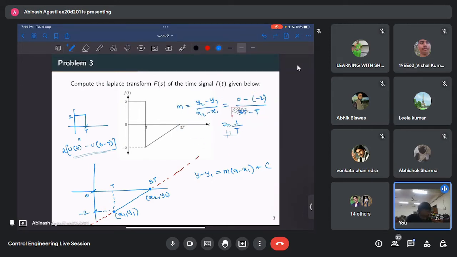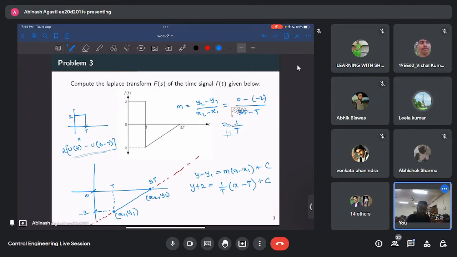Now I have y minus y1 is what? Plus 2 is equal to m into x minus x1 plus c.